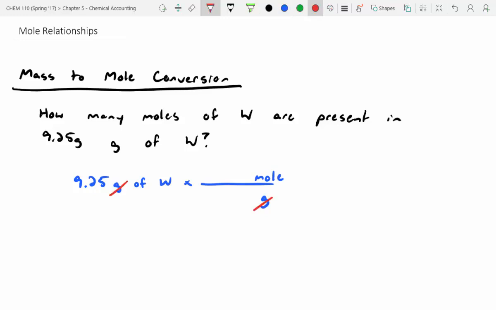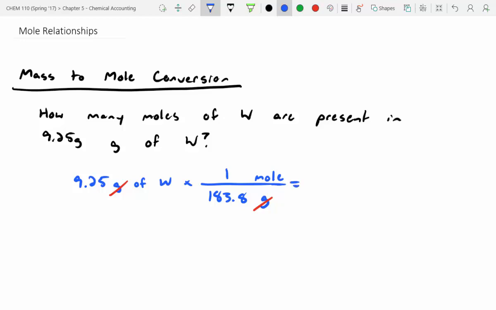All right. What's the molecular weight for tungsten? What do you guys think? Yeah, 183.8. Does that go on the top or the bottom? On the bottom, so it's grams per mole. So it'd be 183.8 grams of tungsten for every 1 mole of tungsten.